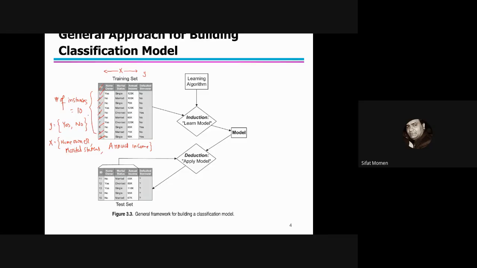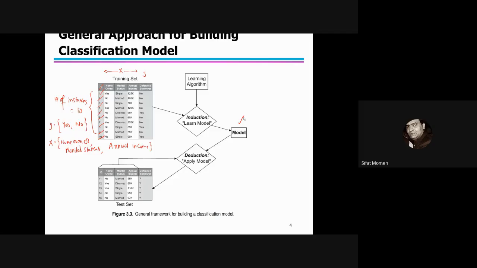Okay, so what do we do? What's the general approach for building a classification model? We have a learning algorithm. We're going to discuss one algorithm today. So let's imagine we have a learning algorithm, and we apply this learning algorithm on this training set. When we apply it on the training set, it learns certain things about this data and creates a model of that. Is that okay? How does it learn it?